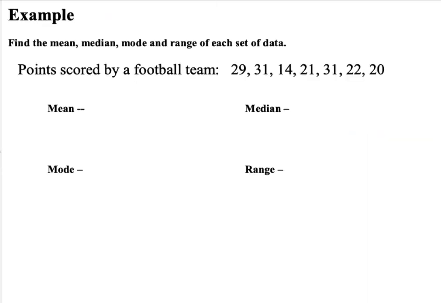So we're going to find the mean, median, mode, and range for our set of data. The first thing we're going to do is put them in order, from least to greatest. I like to cross them out as I go.